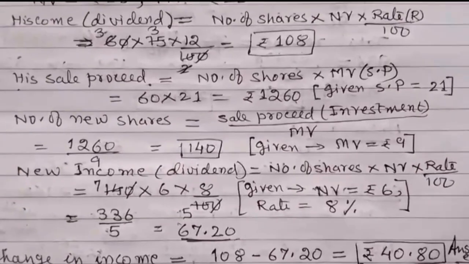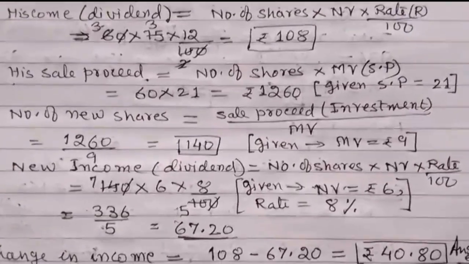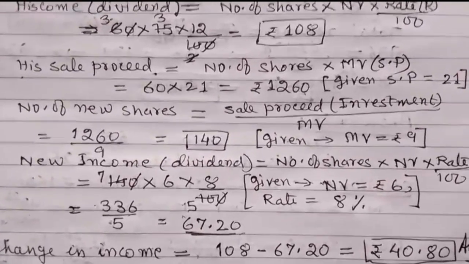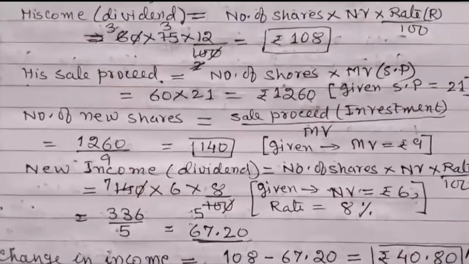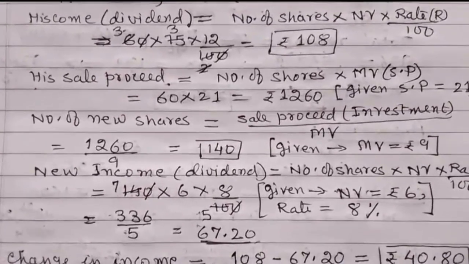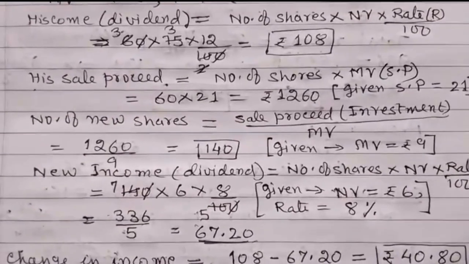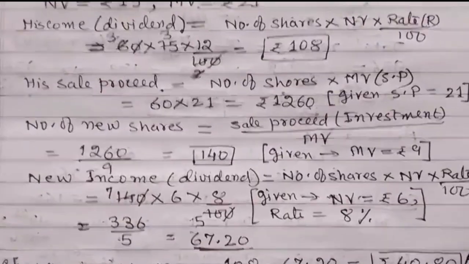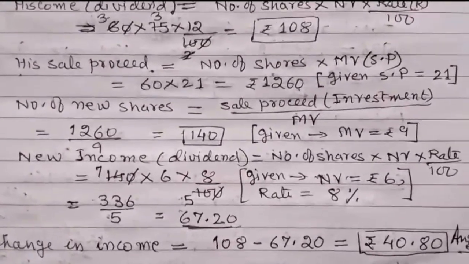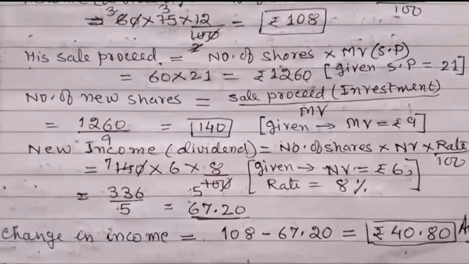So the number of new shares is equal to his sale proceed, that is investment, upon market value, which is equal to 1260 divided by 9, as 9 is the market value, which is equal to 140. So he gets 140 new shares.